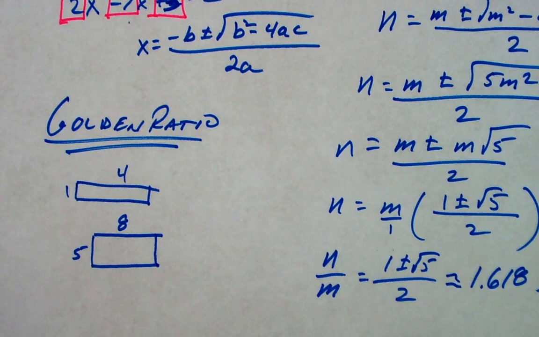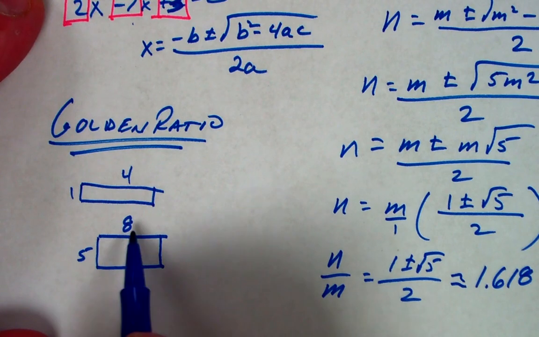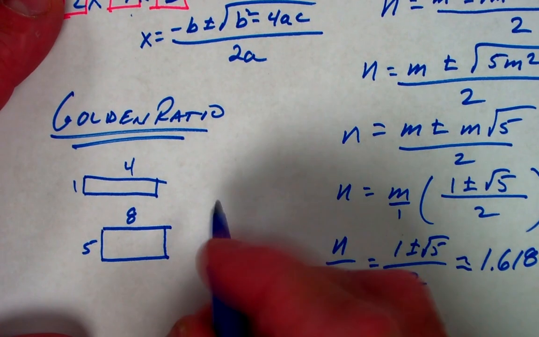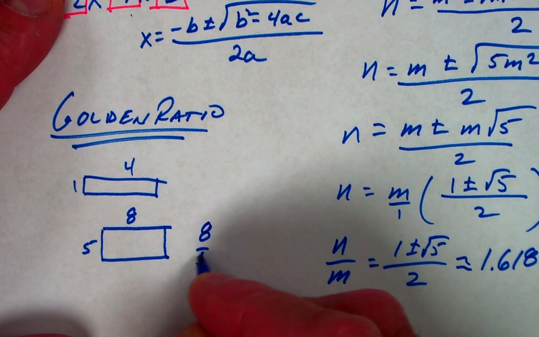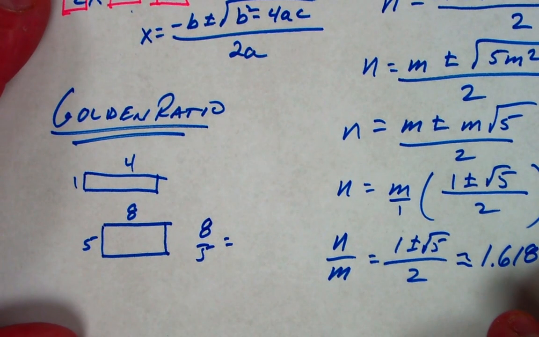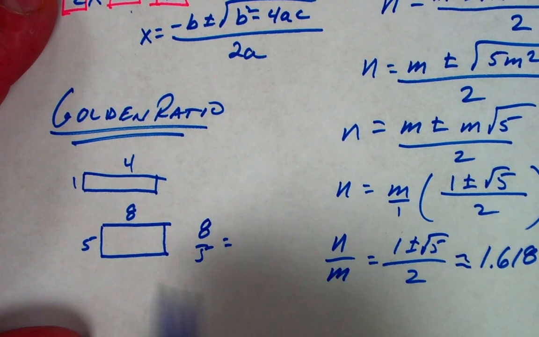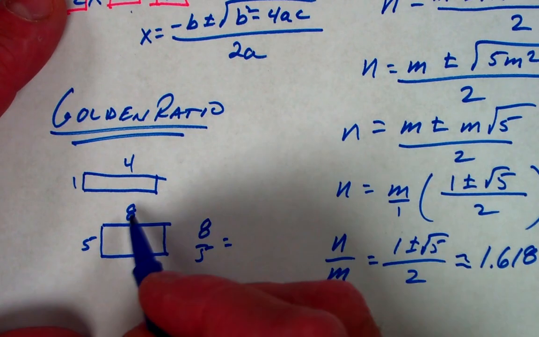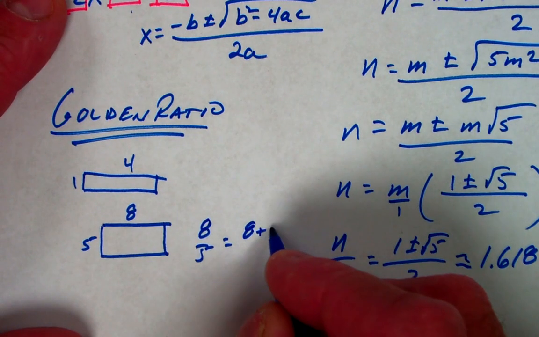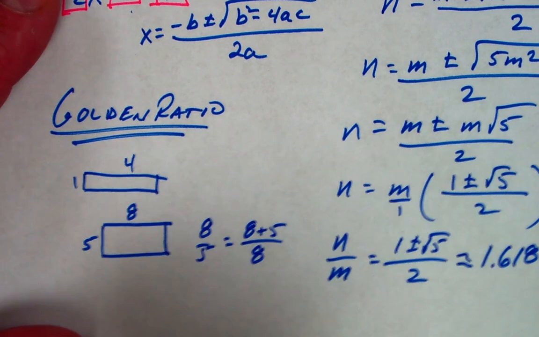Okay? And the golden ratio, outside of the Fibonacci sequence, here's what it is. It's the sum of the two sides divided by the long side. So in this case, 8 divided by 5, the long over the short is the same as the sum of the two over the long.